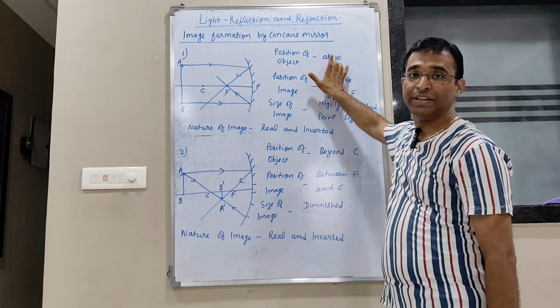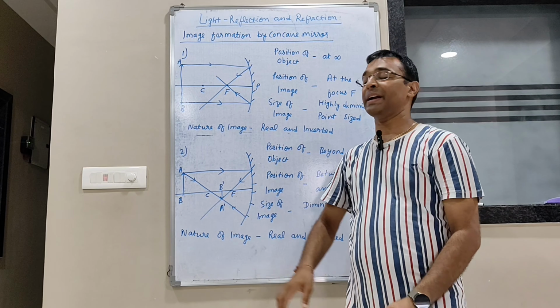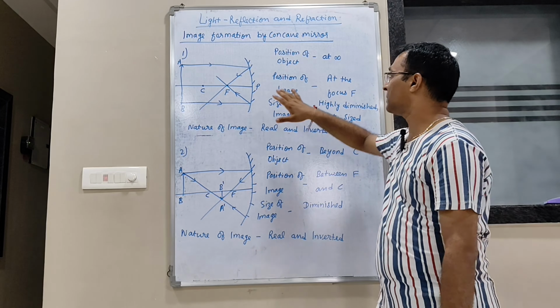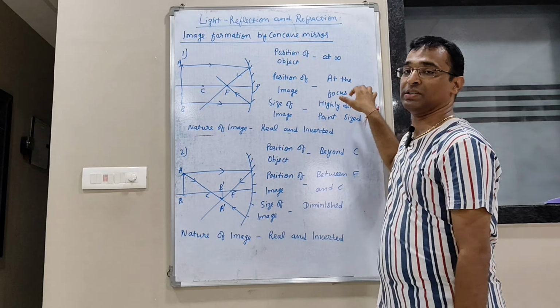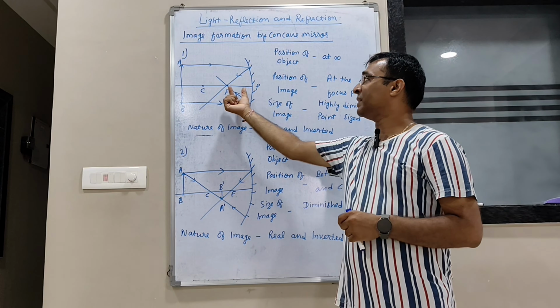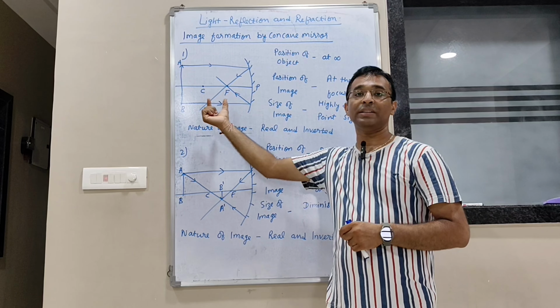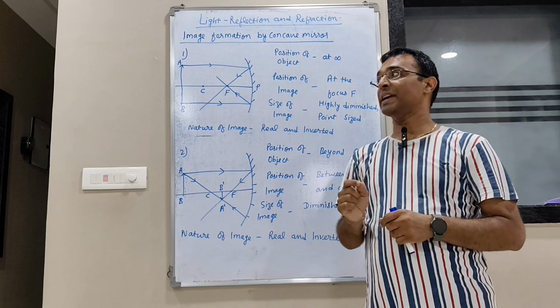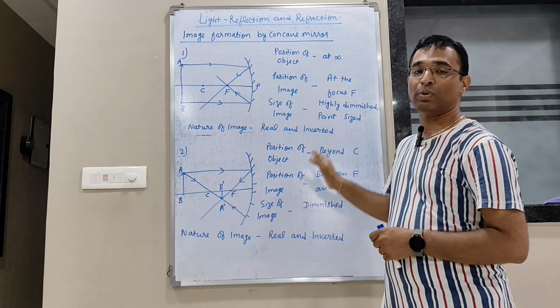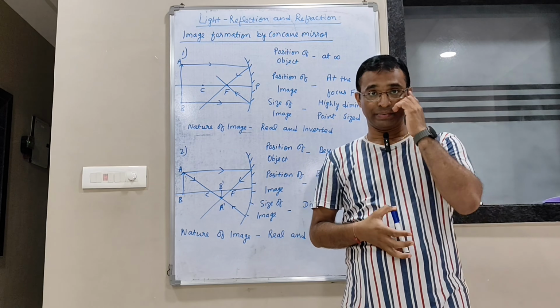When the object is placed at infinity, the image formed will be at the focus. So the position of the image is at the focus. Now comes the size of the image. As you can see, the size of the image at the focus is very small, very tiny, so it is highly diminished, point size. And the nature of the image is real and inverted.